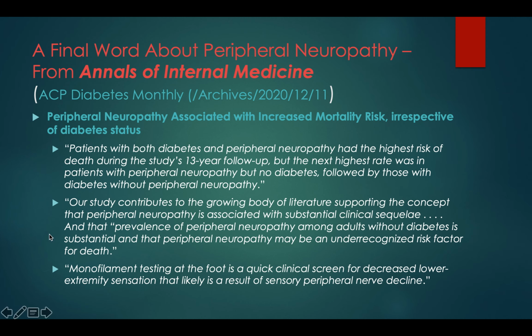As you can see on this next quote, it says, our study contributes to the growing body of literature supporting the concept that peripheral neuropathy is associated with substantial clinical sequelae, which is a second result or after effect of a disease going on, and that prevalence of peripheral neuropathy among adults without diabetes is substantial, and the peripheral neuropathy may be an unrecognized risk factor for death.